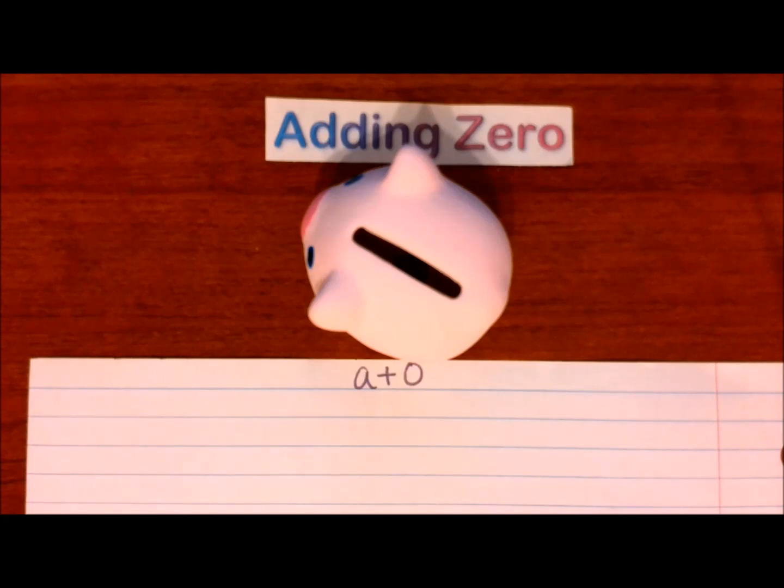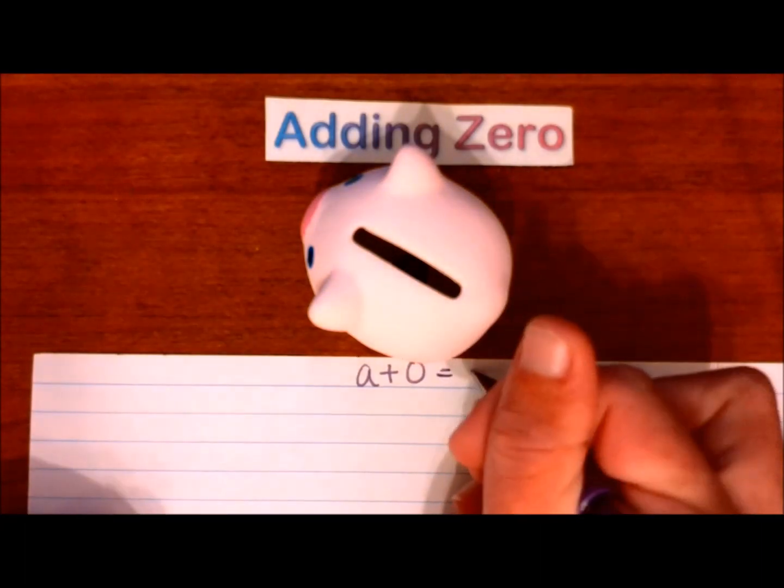You have not taken away a penny or added a penny. Same thing if you have some money in the bank account. Adding $0 will not change the situation. You still have that amount, not a penny more, not a penny less. So A plus 0 must equal A.